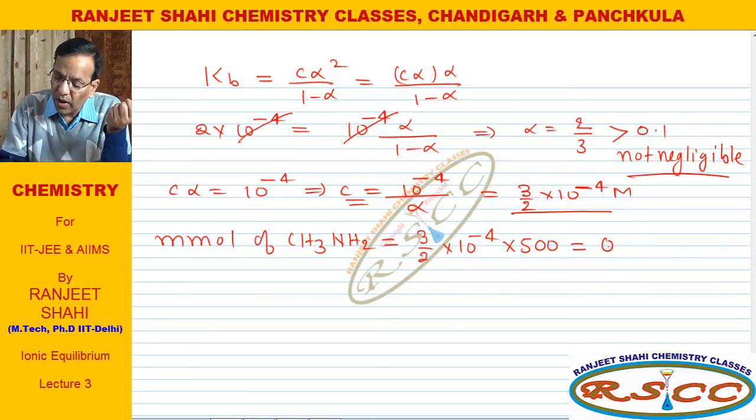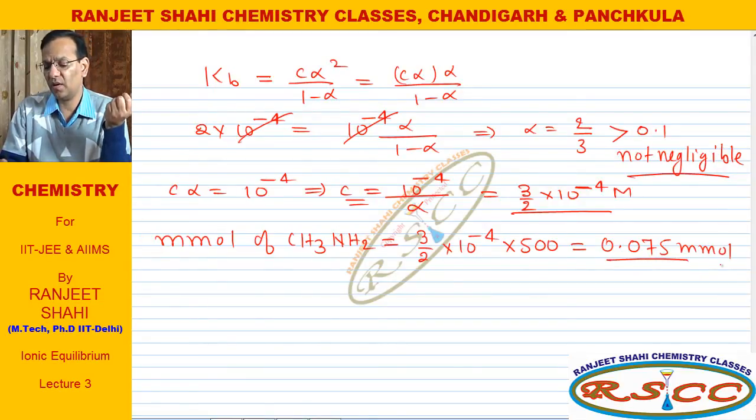So 0.075 millimole. For reacting with 0.075 millimole of amine, the same millimole of HCl will be required.